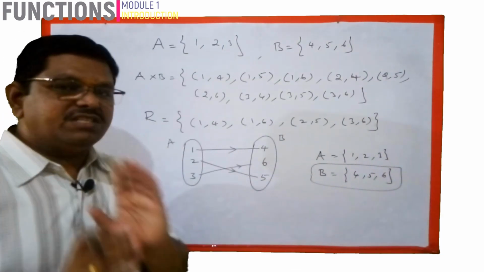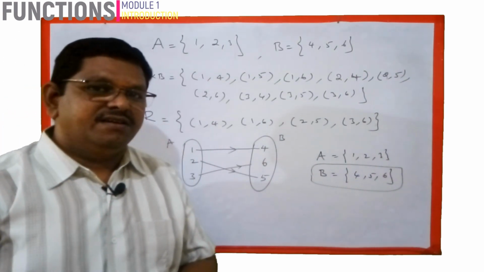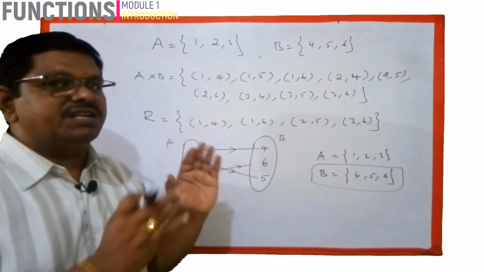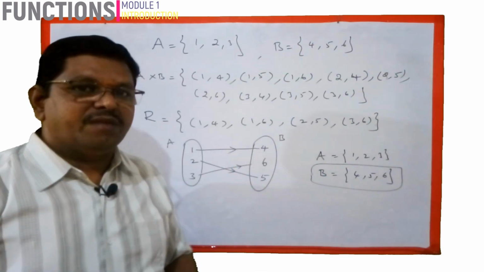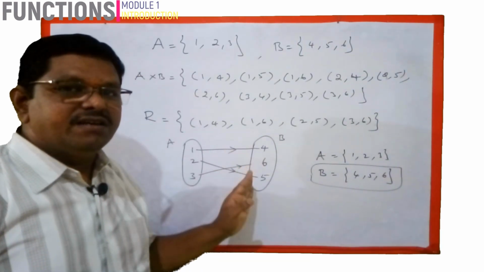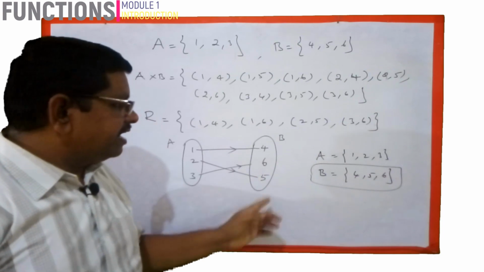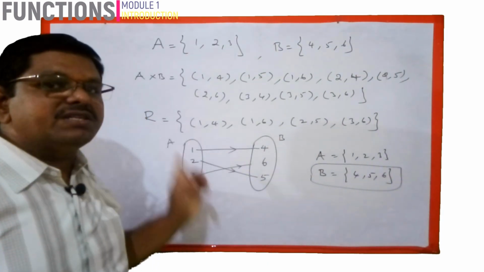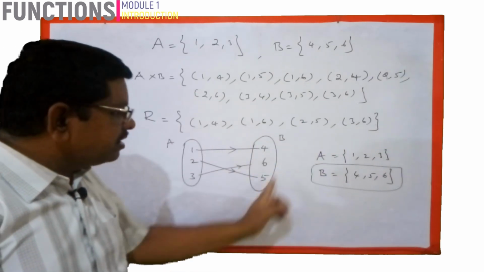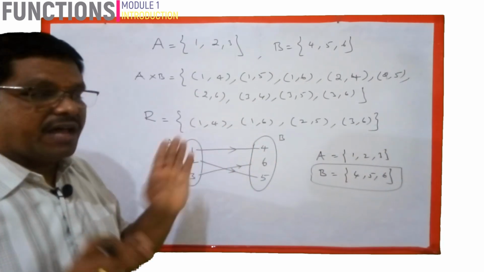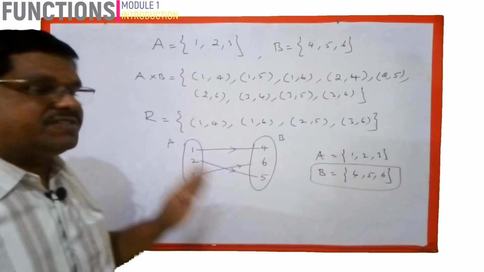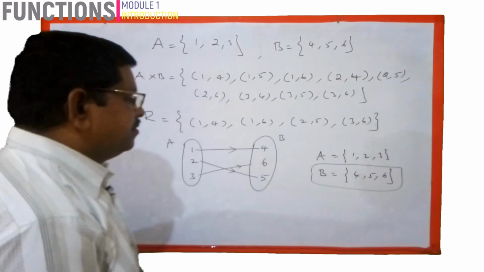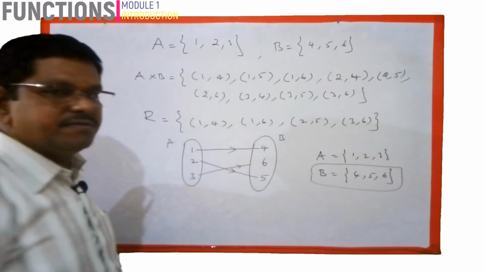Now, what is the difference between codomain and range? Let us revise that idea. Codomain means the elements present in set B, that is, the set of all elements present in B. Whereas range is the set of elements present in B which are associated with elements of set A. Here all the elements present in set B are associated with the elements present in set A. Now we can call this a relation.